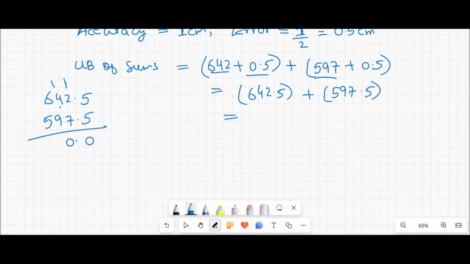So 1 carry plus 1, and 1 plus 4 is 5. 5 plus 9, you will get 14, 1 carry. So 1 plus 5 is 6. 6 plus 6 is 12. So you will get 1240. Is it right or is it wrong? You can check and tell.